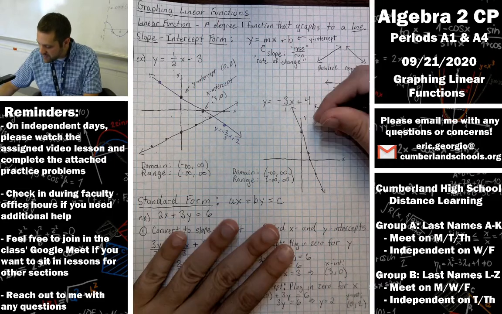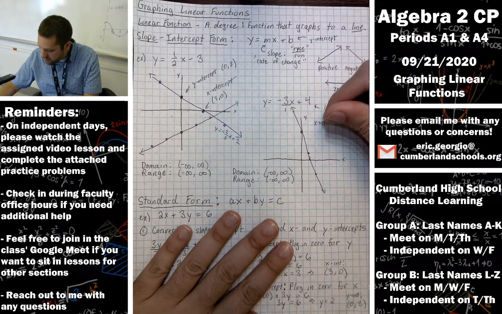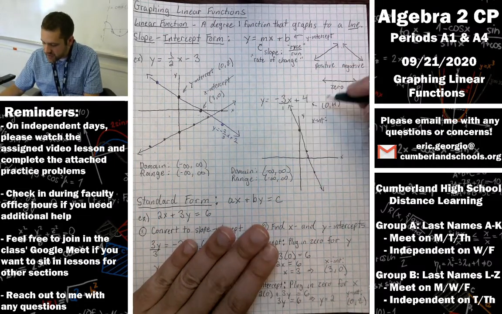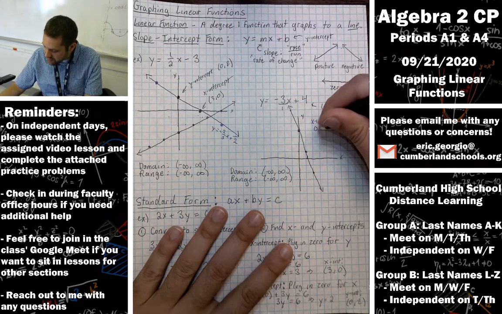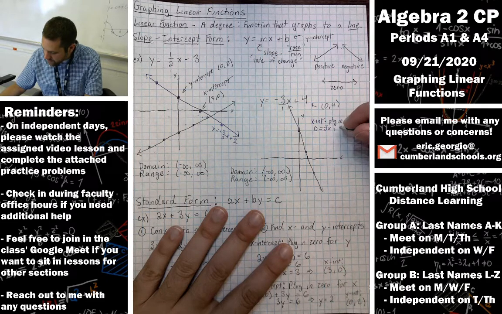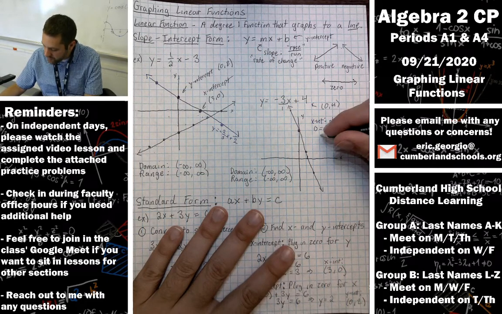If I find the x-intercept of this graph, for example, y equals negative 3x plus 4, I'll plug in 0 for y. And if you notice, I would get 0 is equal to negative 3x plus 4. If you subtract 4 from both sides, you get negative 4 equals negative 3x.